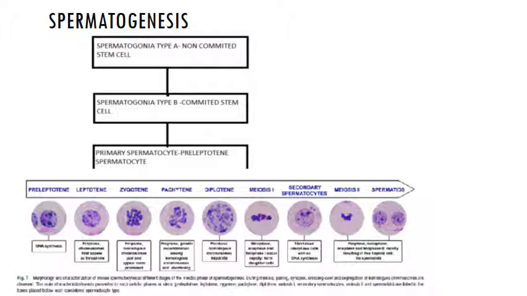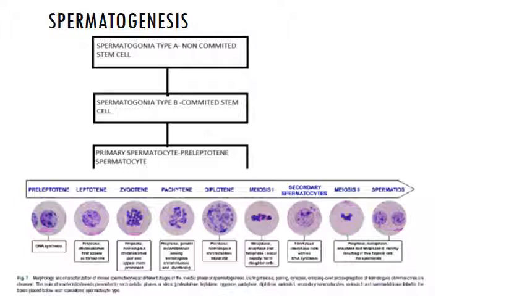This primary spermatocyte undergoes meiotic division 1 through various stages, as you already know, that is leptotene, zygotene, pachytene and diplotene. By the end of meiosis 1, they give rise to secondary spermatocytes.